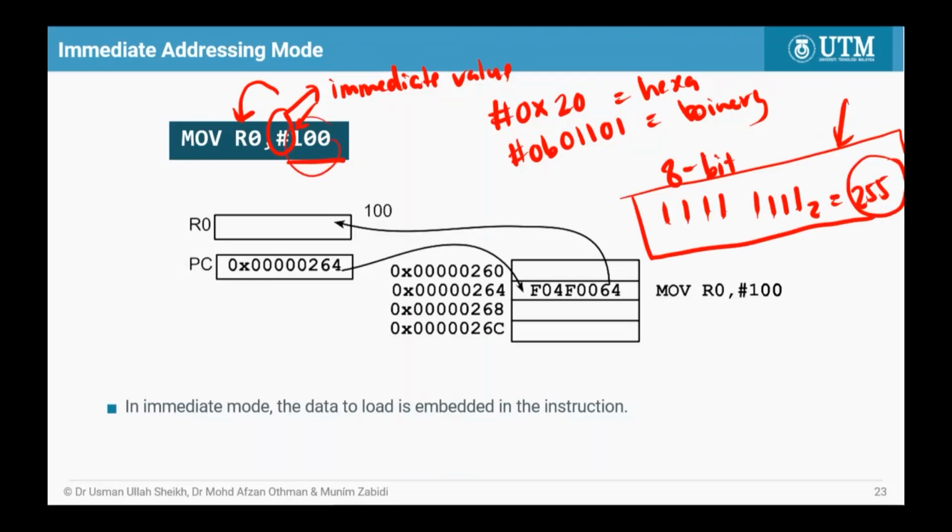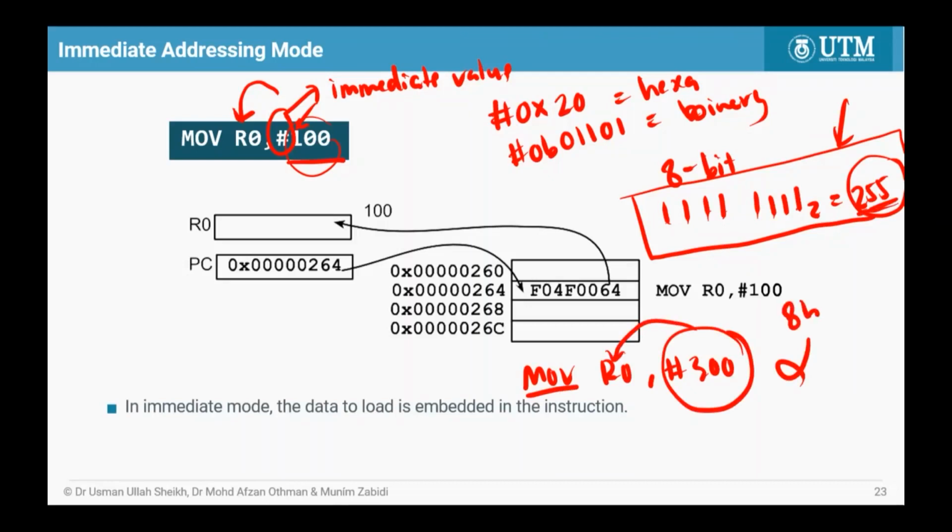Since this is 100, you can simply load this value to your R0. So what happens if I put something like MOV R0, hashtag 300? Can you do that? You cannot. Why? Because 300 is greater than 255, greater than 8-bit. To load a value to your register by using a MOV instruction, the value must be 8-bit data only.